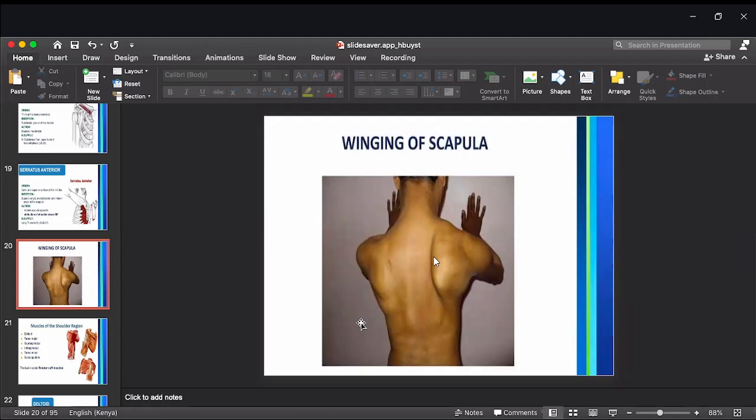If there's a lesion of the serratus anterior, or rather a lesion of the long thoracic nerve, we can see the way the scapula is winging on the right side, indicating there is a lesion of the long thoracic nerve.